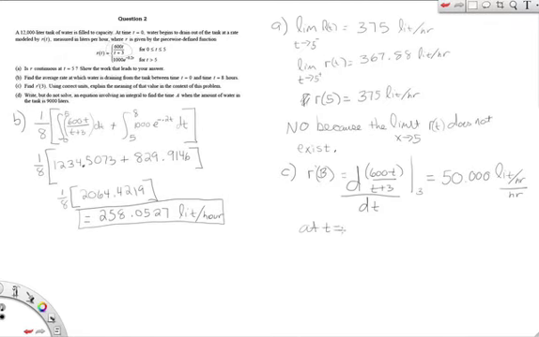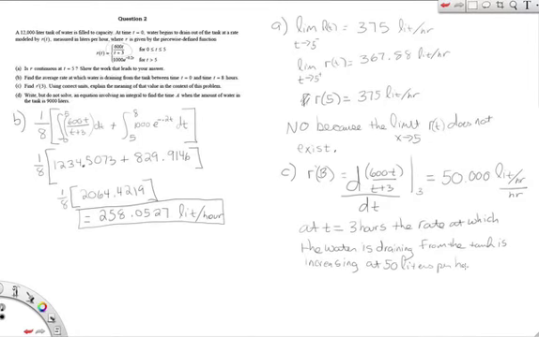At time equals 3 hours, the rate at which the water is draining from the tank is increasing at 50 liters per hour every hour, or 50 liters per hour per hour. Probably a better way to say that, but I think it gets the job done.